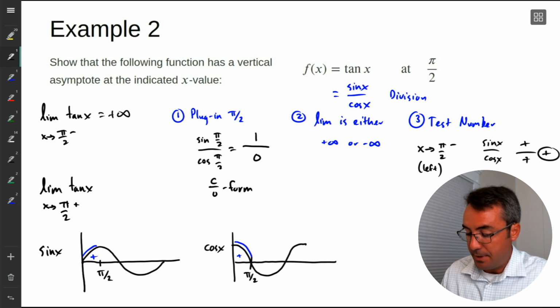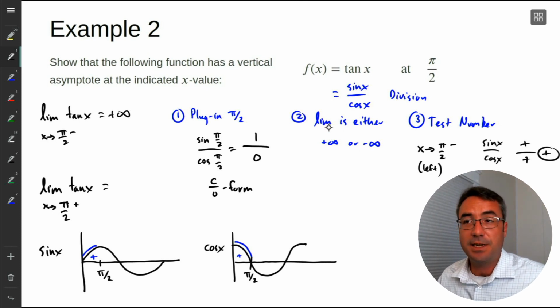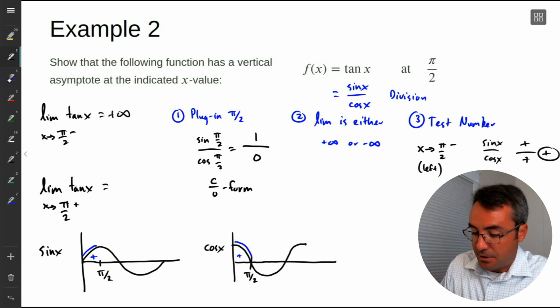Now for the right side limit, it's a lot of the same work. So we're still approaching pi over 2 from the right. So we would still plug pi over 2 in, see that it's a c over 0 form. The fact that it's a c over 0 form tells us there's only two choices, positive infinity or minus infinity. So this is all going to be the same.